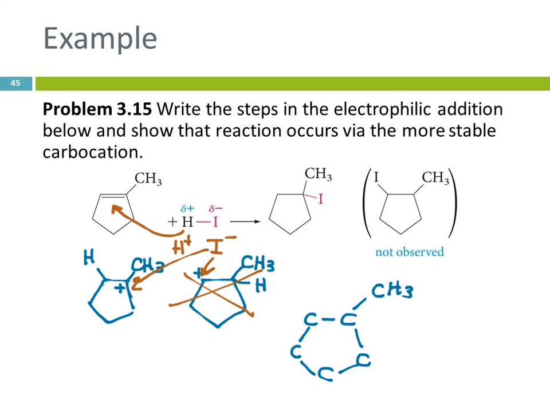If we look at this guy, he only has 2 carbons. 1, 2. So he's got 2 neighboring carbon atoms to help bear the positive charge. But this guy has 3, and so he's more able to have a positive charge. And that's why this carbocation is more stable, and this one will be formed, and this one will not. Does that make sense? Okay, yeah.